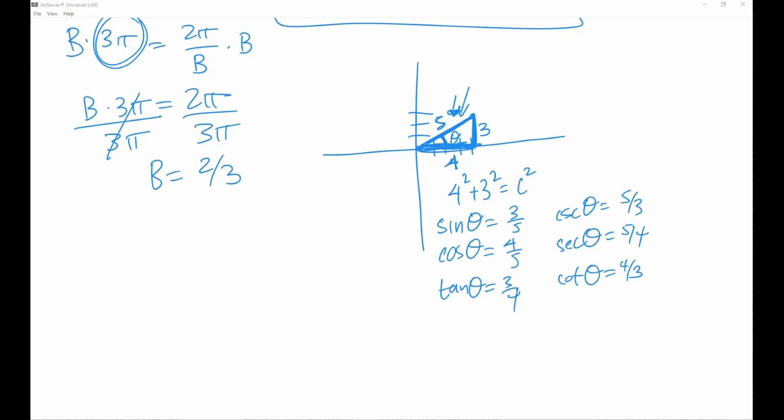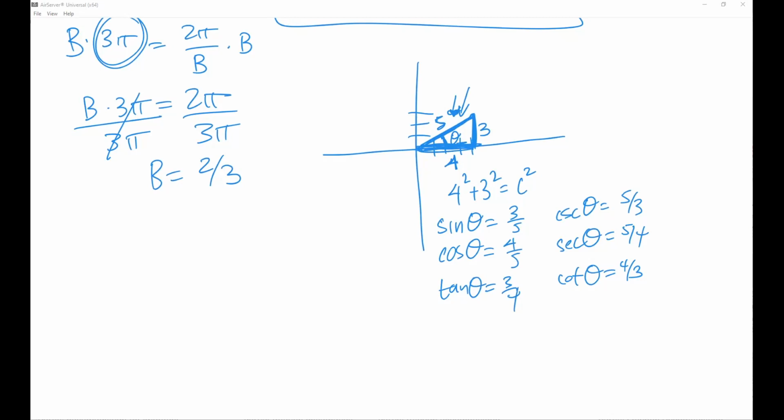Okay, you get this? Try this next one. Let me change the cosine value.